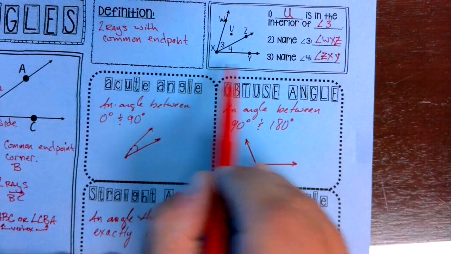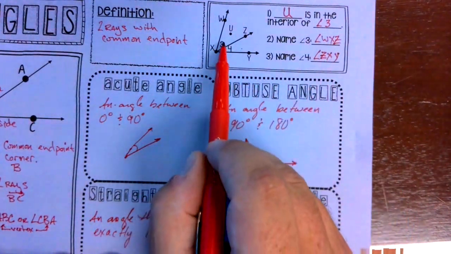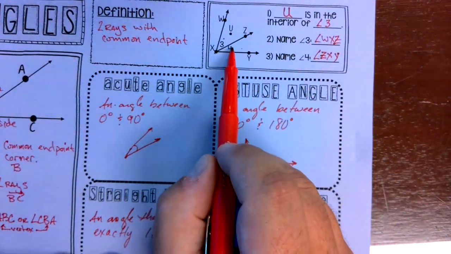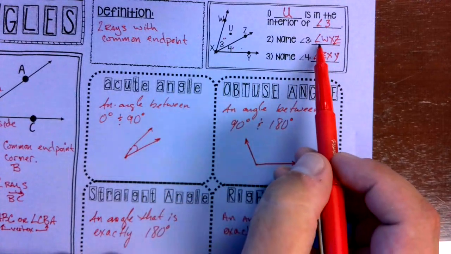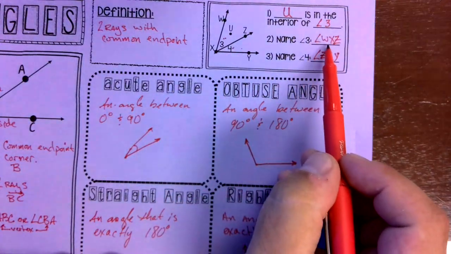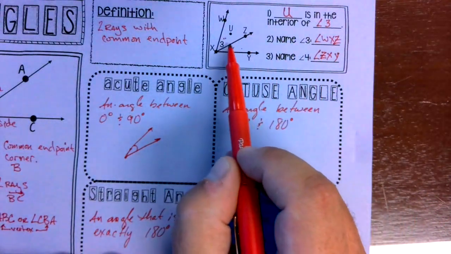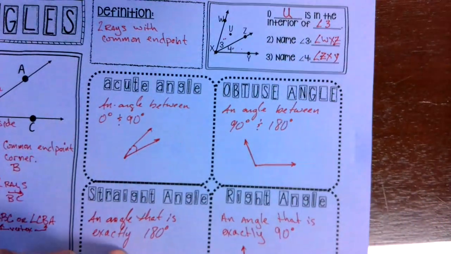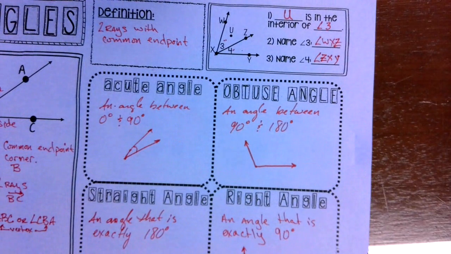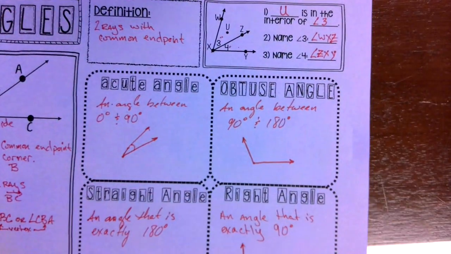Again, make sure you notice the vertex is in the middle. X is the vertex of both of these angles. If I'm naming angle 3 or angle 4 with letters, I have to name those with 3 letters because they're next to each other. And if you just said angle X, well, there are 3 angles there at X, and I wouldn't know which one's which. So we want to make sure that we name those with 3 letters.